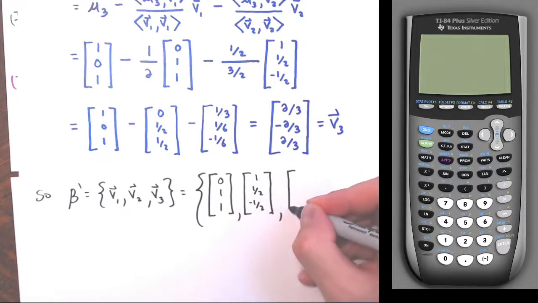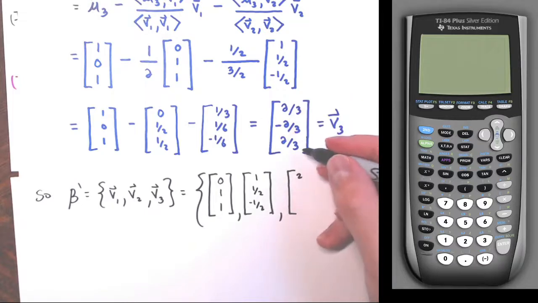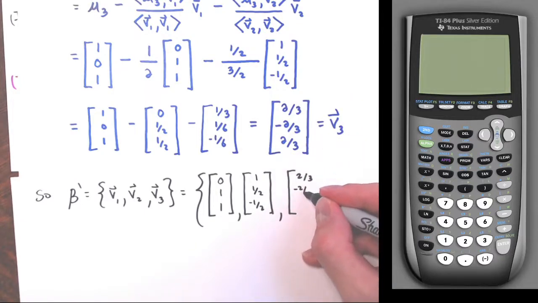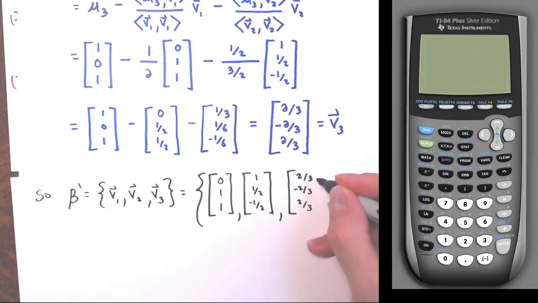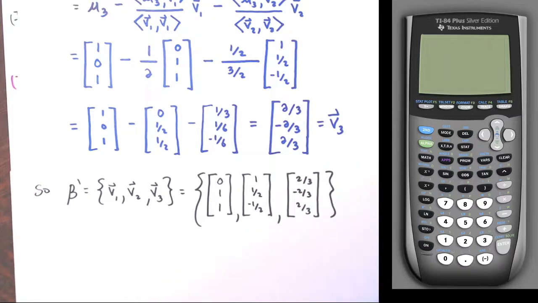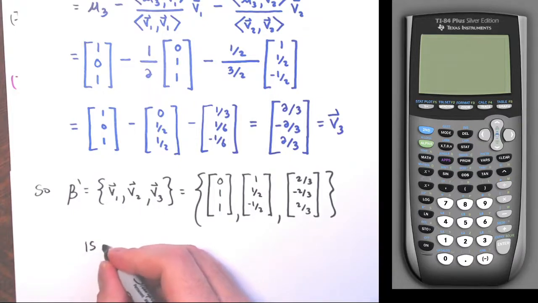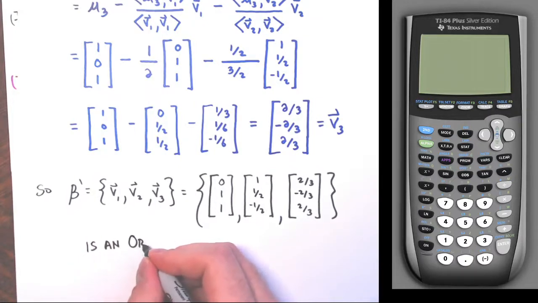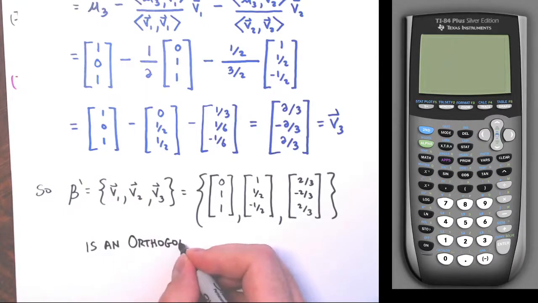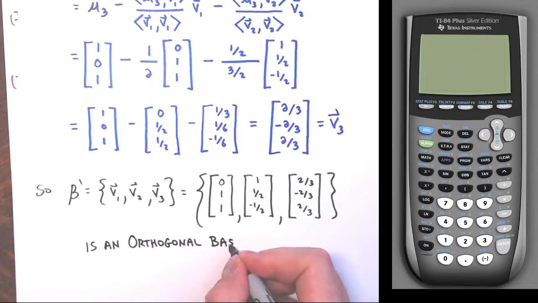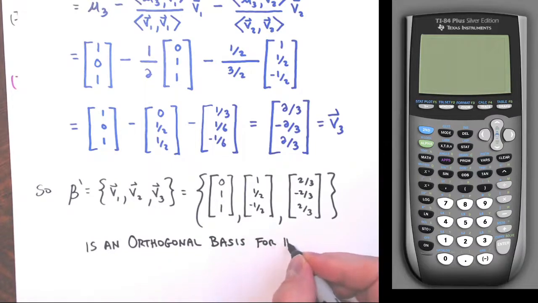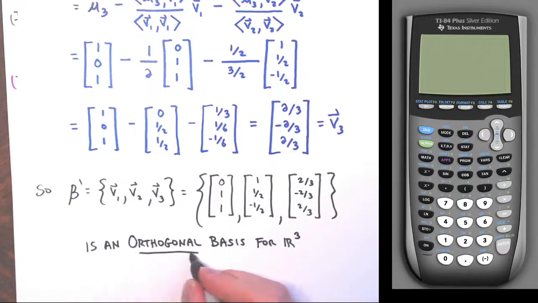And v3 is this one that I just found here, 2/3, negative 2/3, and 2/3. This is an orthogonal basis for R3 under this inner product, under the dot product. Remember, the concept of orthogonality depends heavily on how you define the inner product, so pay attention to that.